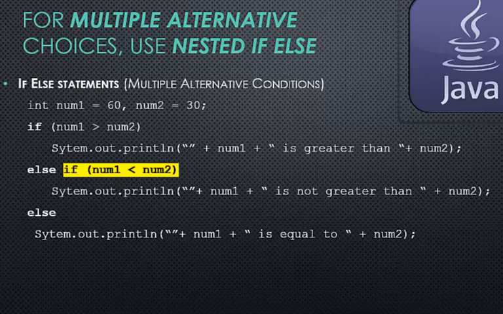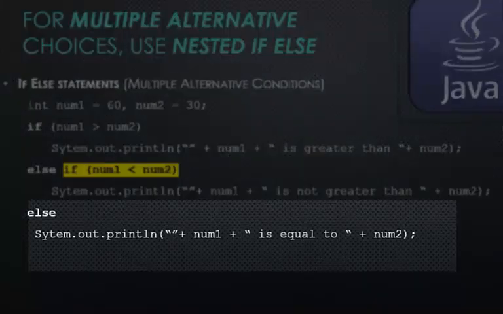So here we really want to get a little more information about num1 and num2. Whether num1 is greater than num2, then we will print that message out. Else, if num1 is less than num2, then we will print out the message, the value of num1 is not greater than num2. Else, if num1 is not greater than num2 and it is not less than num2, well then they have to be equal.